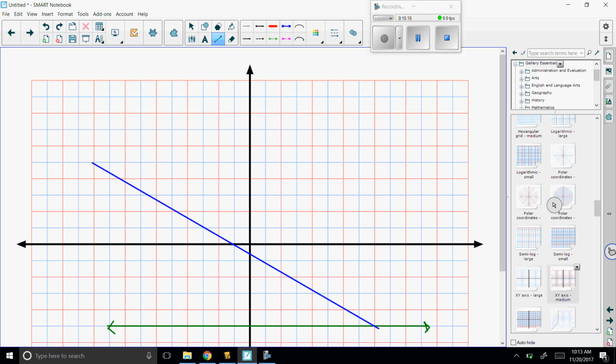All right. I'll give you a minute. I want you to come up with the equation for the green line and for the blue line.